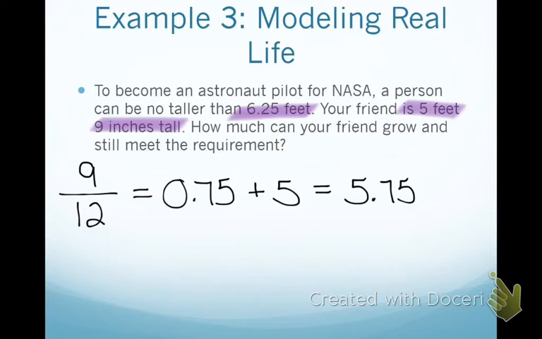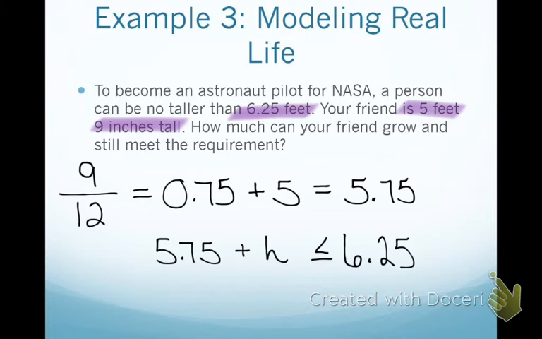All right, so we know that they can be no taller than 6.25 feet. That means that this value has to be less than or equal to 6.25. We know that your friend is already 5.75, but we don't know how much taller they can grow, that's what our h is, in order for them to still meet the requirement.